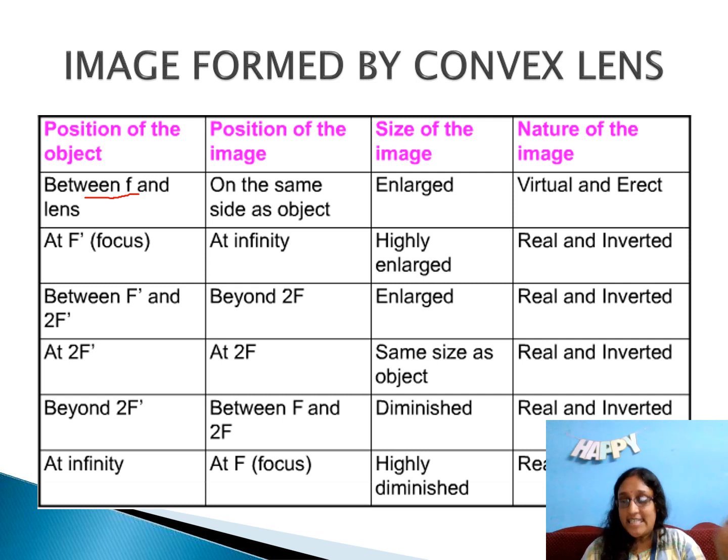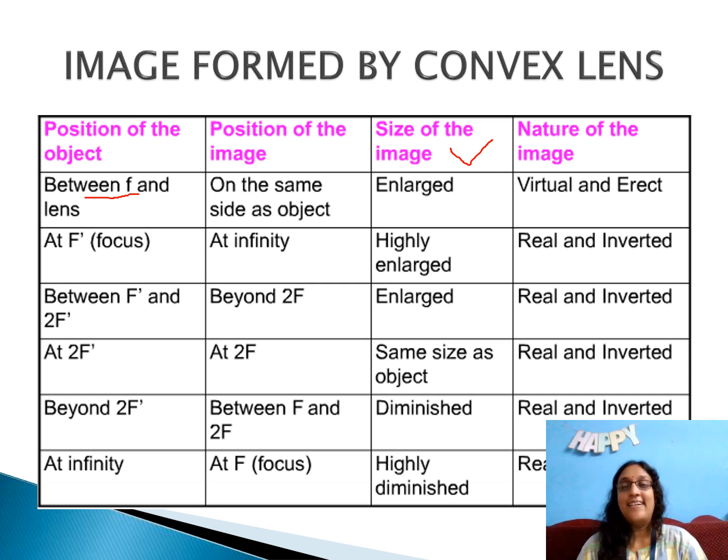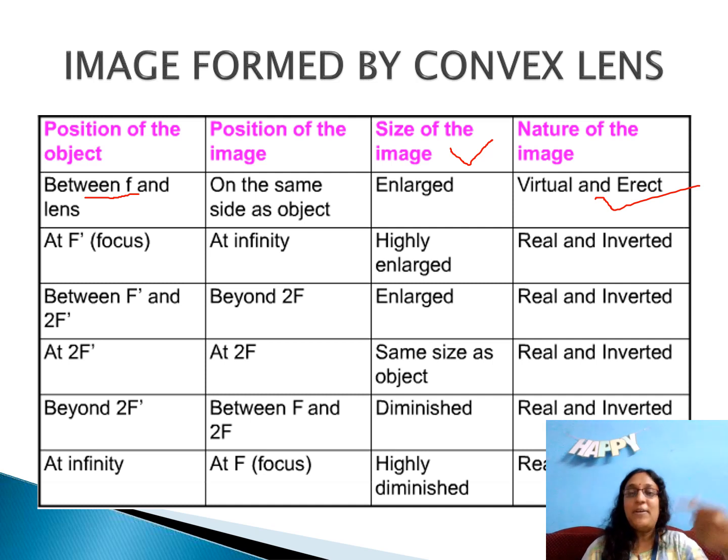The size of the image will be enlarged, and your sixth case is the first one here. Don't get confused. The nature of the image will be virtual and erect. It is the last case we saw, tabulated here, in between F and the lens, on the same side as the object.